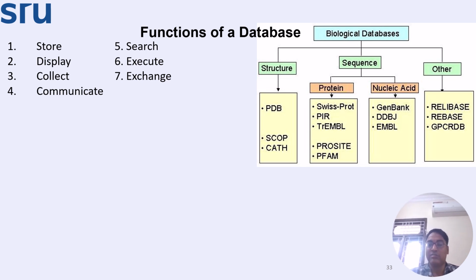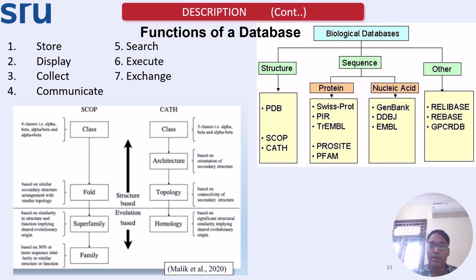Now understand the SCOP and CATH story. I'm putting it here. See, class, fold, superfamily, and family. Understand it, whatever way I'm showing here, see this only to understand better.